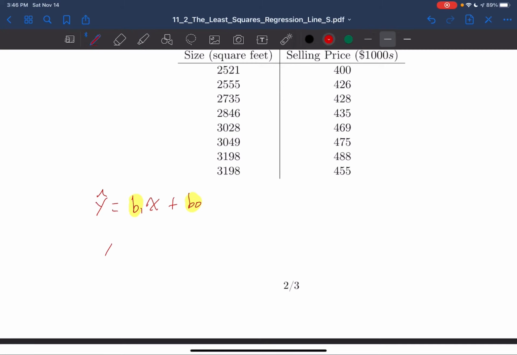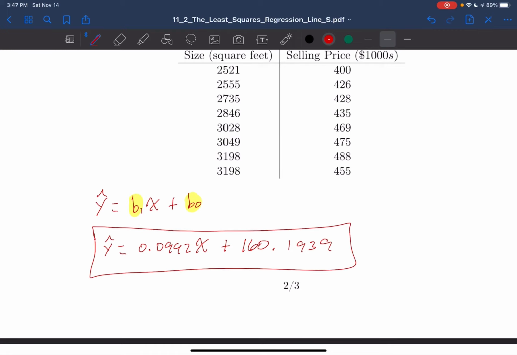So our equation y hat is going to be equal to 0.0992 x plus 160.1939. So this is our least square regression line.